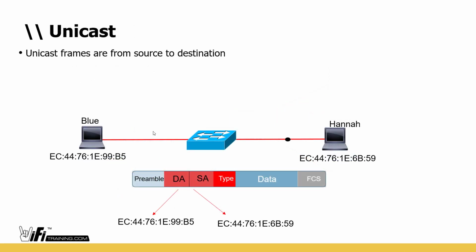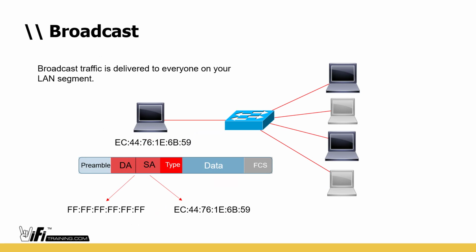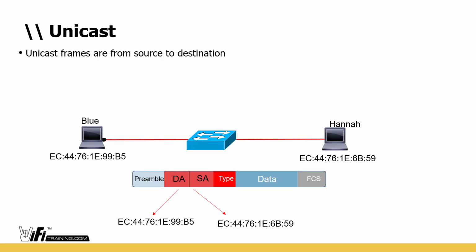If we go back to this Unicast transmission, let's say for a moment we have a hub here. Let me change my color here. Okay, so we've got a hub. And let's say we've got a couple other hosts.